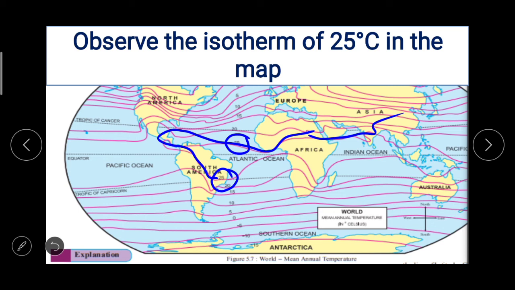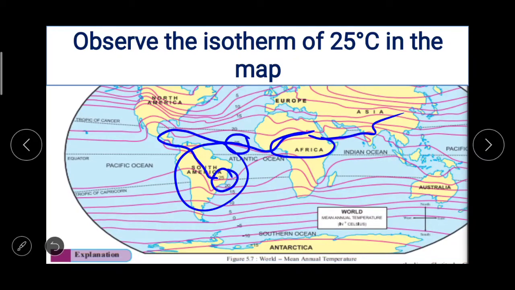The isotherm lines occupy some parts of the continents of South America, here, Africa, here this 25 line is going, 25 degrees Celsius, Asia and Australia. A very limited portion of the Pacific Ocean is occupied by this isotherm.